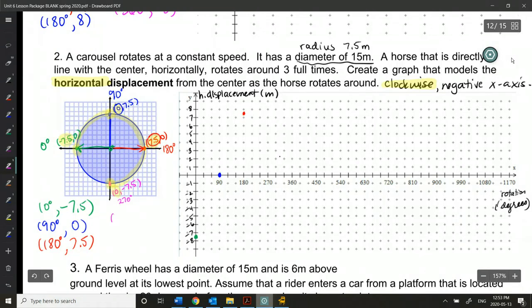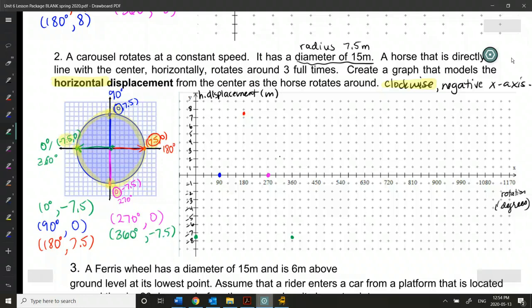We've now rotated 270 degrees from where we started, and we are exactly in line with the center. So we are 0 meters as far as horizontal displacement. And finally, back up to where we started, we are now at a full rotation of 360 degrees, and we're back 7.5 meters to the left, or negative 7.5 on our graph here.